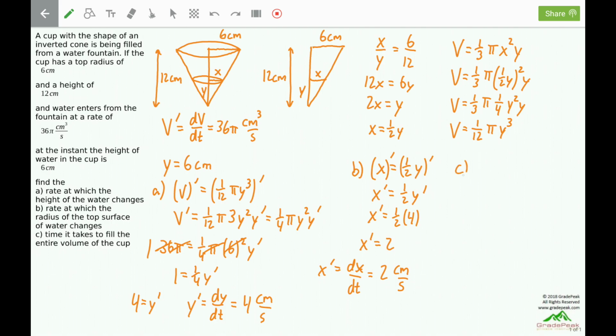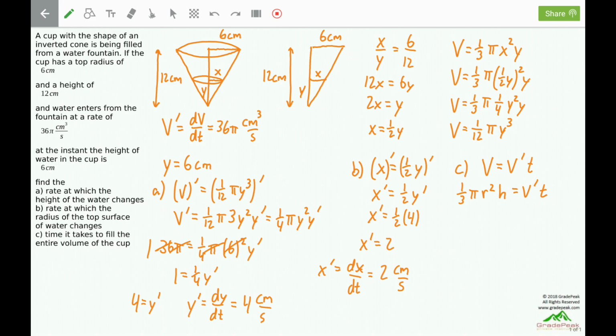For part C, we want to find the time it takes to fill the entire volume of the cup. Well, the entire volume is being filled at a rate of v prime for an amount of time t. So amount equals rate times time. The volume is 1/3 times pi times r squared times h equals the v prime times t.